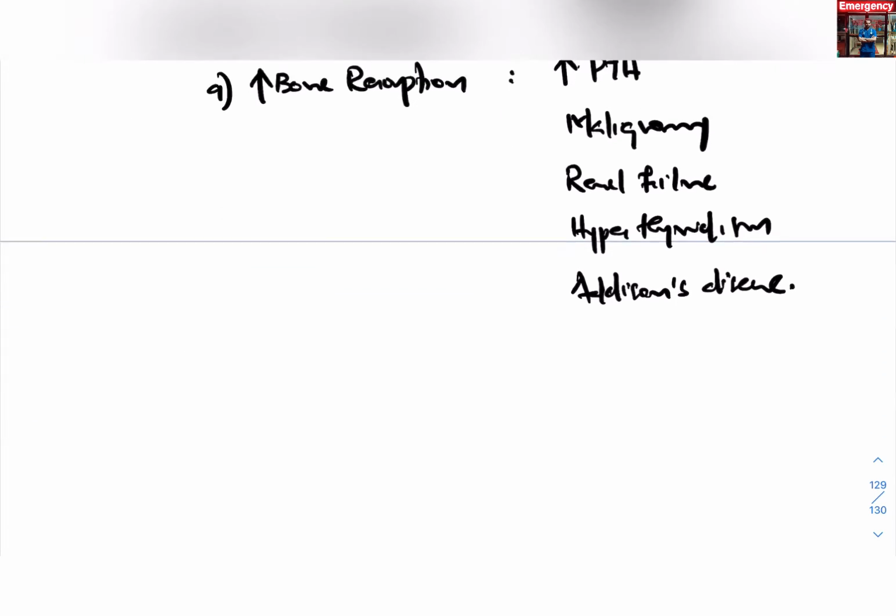The second one is decreased urinary excretion of calcium. It is seen with thiazide diuretics.